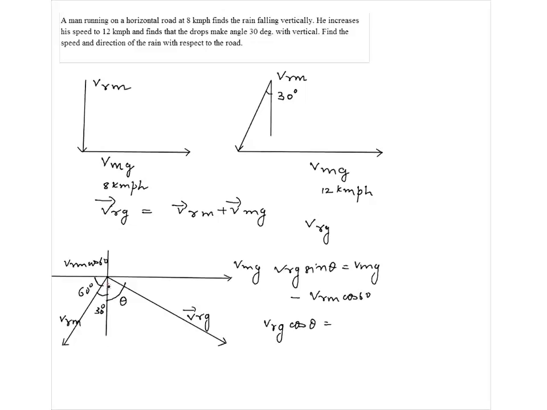VRG cos theta here down. And then right side, VMG will not have anything in the down direction. VRM will have. What is VRM's component in this direction?